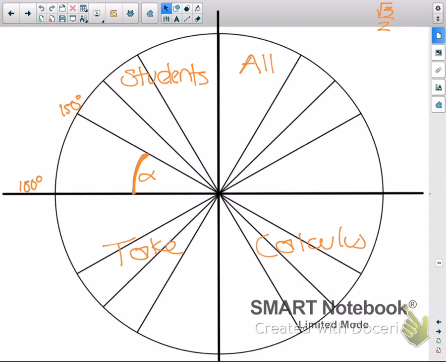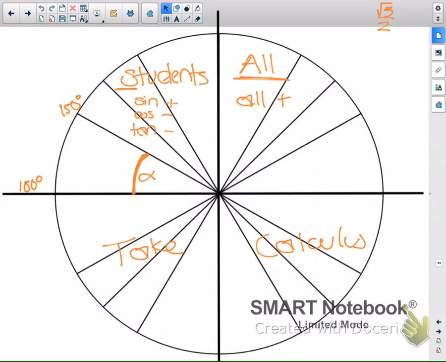The first letter in each of those words tells you in which quadrant these things are positive. Okay? And by that, I mean this. All. Literally all of them are positive. Sine is positive, cosine is positive, tangent is positive. The S in students implies that in quadrant 2, sine is positive, therefore cosine and tangent are what?